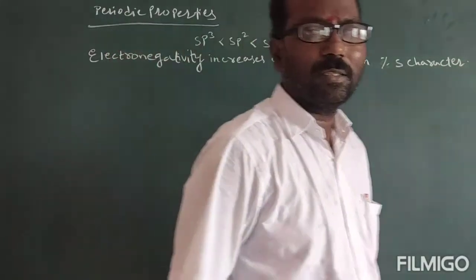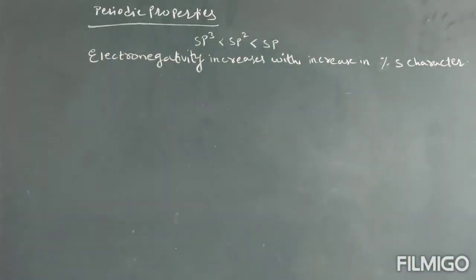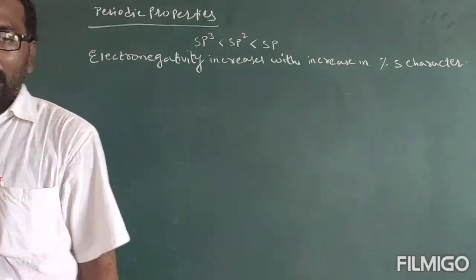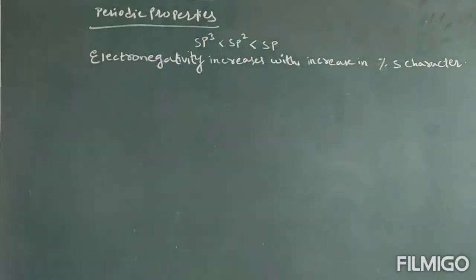If the S character is more, then there will be more electronegativity.